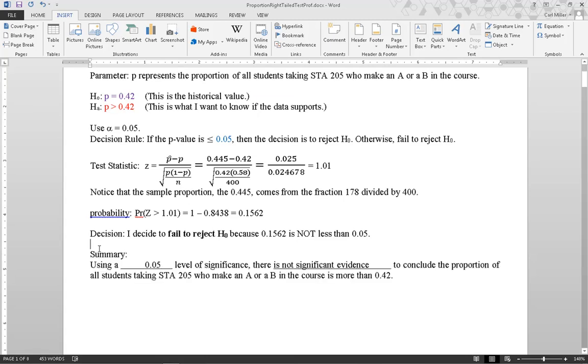In summary, I could say, using a 0.05 level of significance, there is not significant evidence to conclude the proportion of all students taking Stat 205 who make an A or a B in the course is more than 0.42.